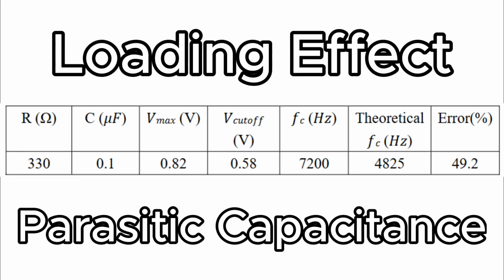Second, parasitic capacitance from connecting wires and measurement probes can significantly affect the circuit behavior at higher frequencies. As a result, the experimental cutoff frequency appears higher than the theoretical prediction. Despite the large error, the overall frequency response still clearly demonstrates the expected high-pass filter behavior, confirming the qualitative operation of the circuit.